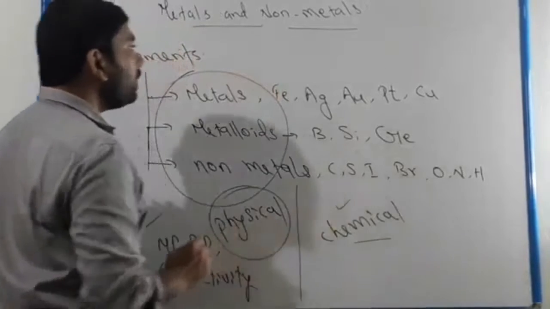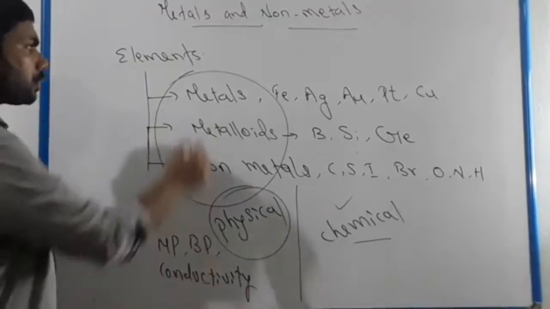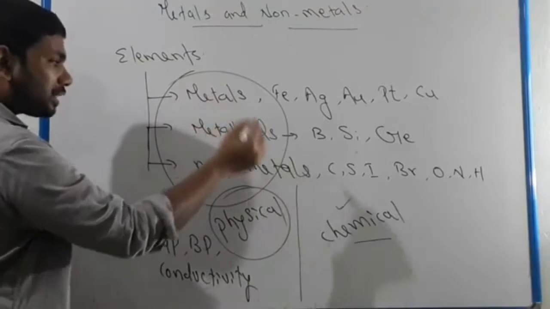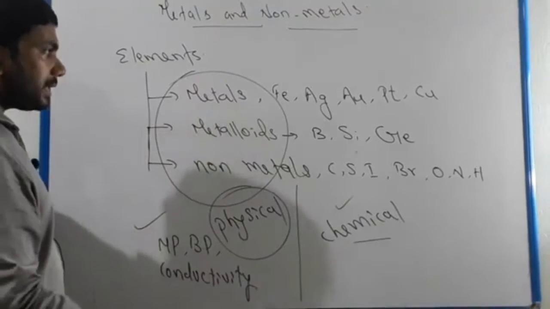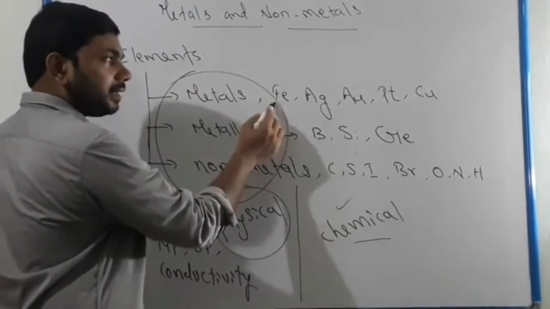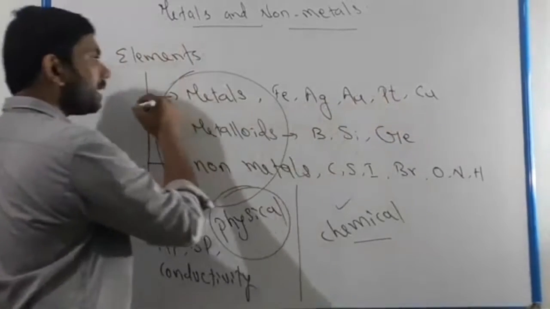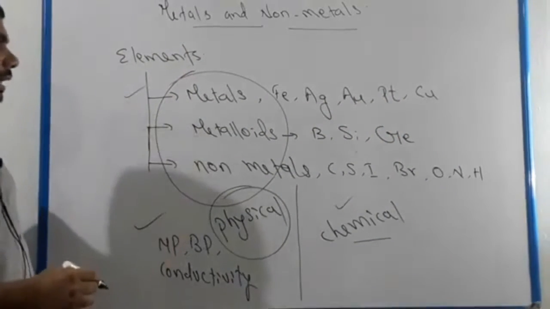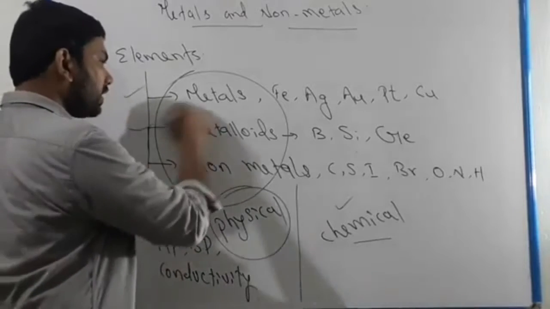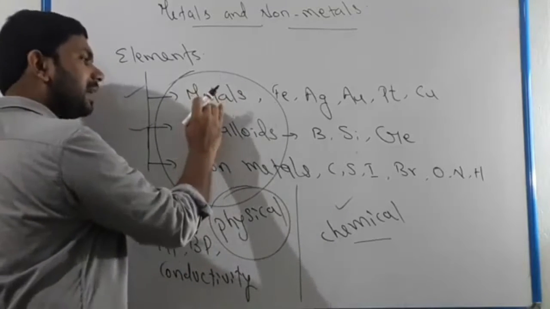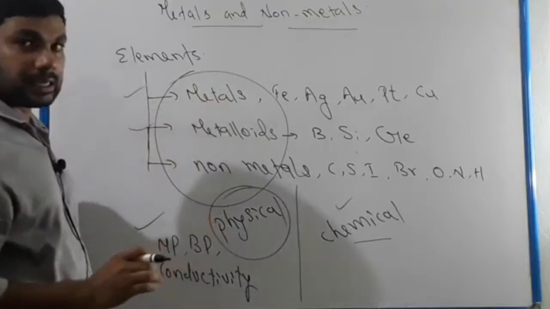So here we discussed three different types of elements: metals, metalloids and non-metals. Examples for metals: iron, silver, gold, platinum, copper. Metalloids are elements showing both metallic and non-metallic properties.